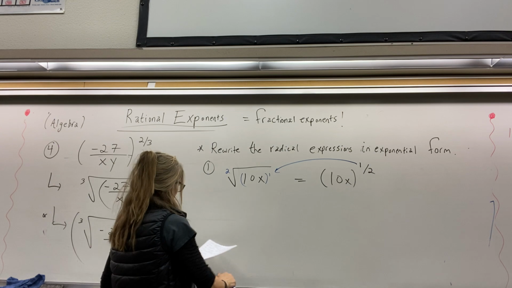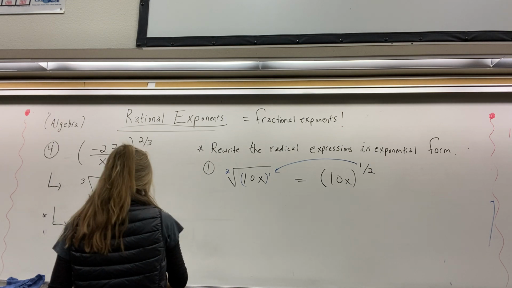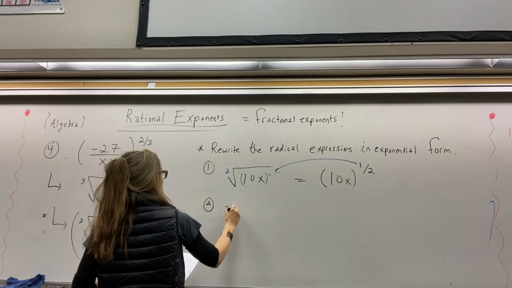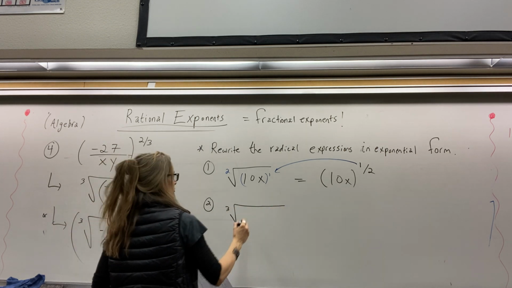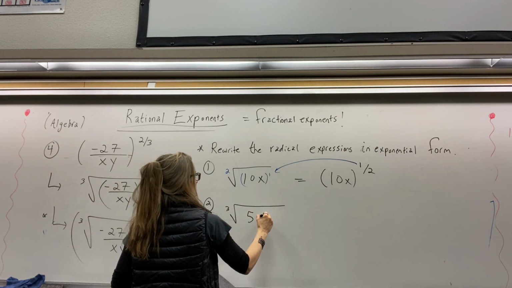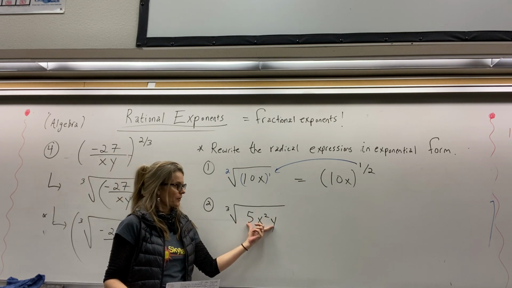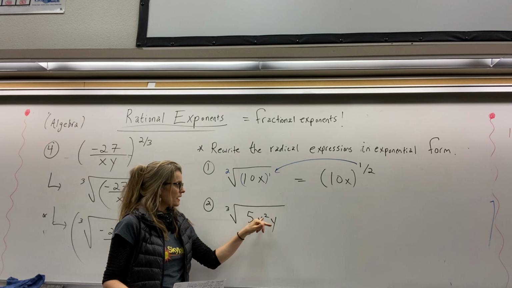Some other good problems we could do here. Let's say we have a cube root of 5x squared y. Again, this is all to the first power. Now, I can see that I have an x squared here.